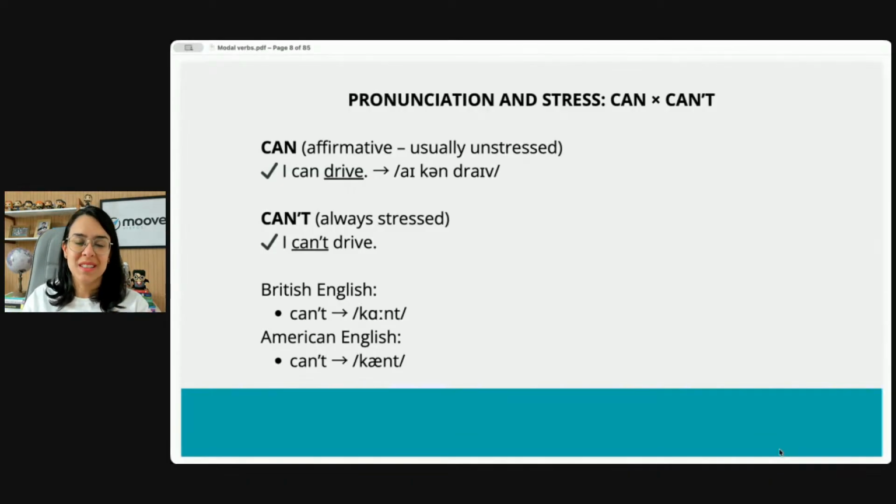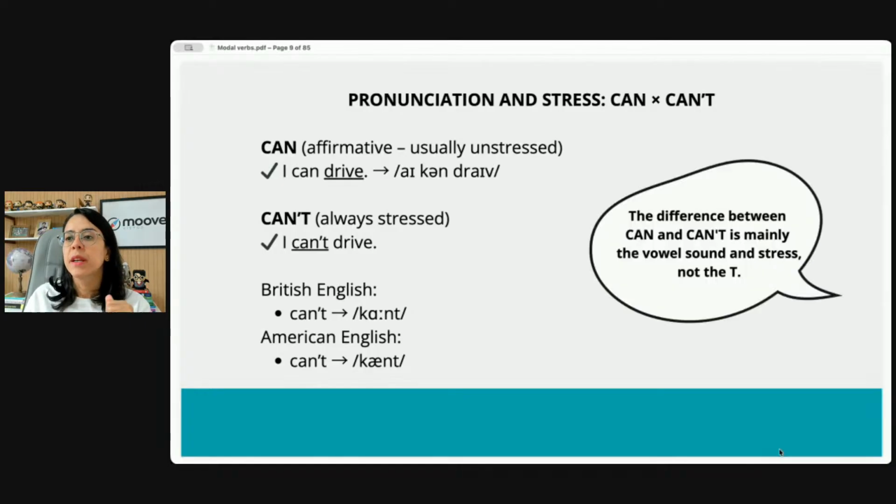Of course, double check in real life communication. We can do that. If you're taking a proficiency exam, you won't be able to do that because the listening audios are played only once, but try to pay attention to this small detail, okay? So the difference between can and can't is mainly the vowel sound in can.